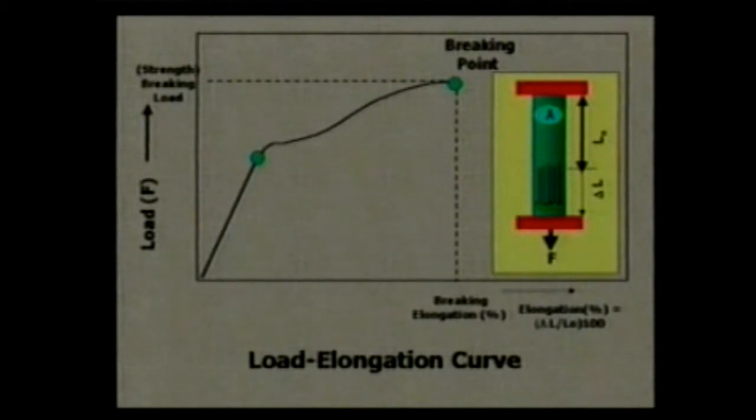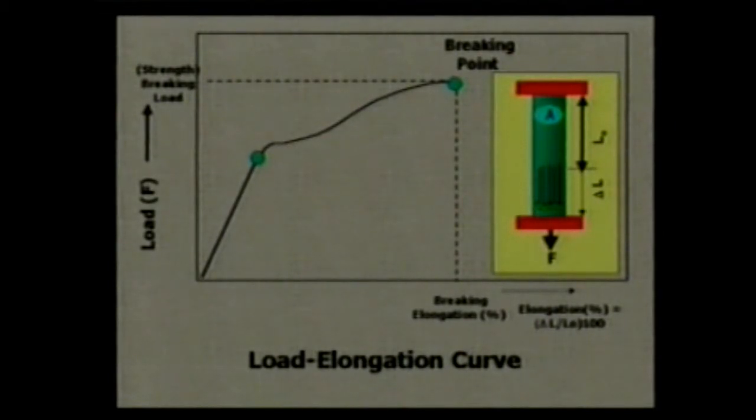Okay, so this is the basic idea: at the breaking point we can obtain the breaking load, or the strength of the material, and the breaking elongation, or the elongation at which the material breaks. By far, these are the two most commonly used parameters of strength of material in our industry.